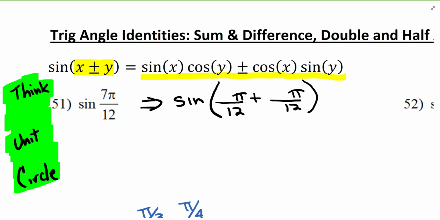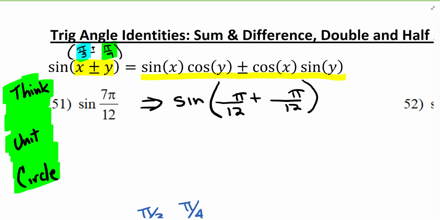Anyway, so the sum and difference identity for sine is if you have one angle, say like pi thirds, plus or minus, say, pi fourths. So two different angles. Here's the identity. You take the sine of the first. So let's call this one the first and this one the second.